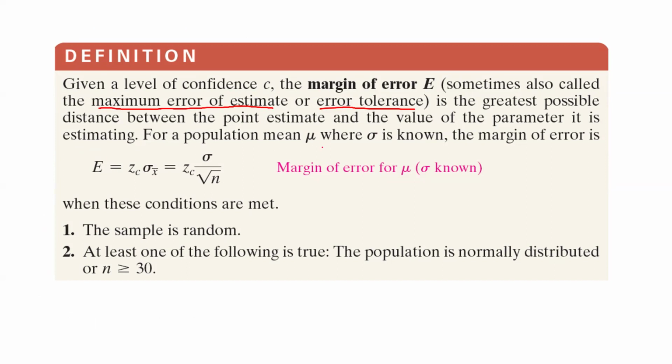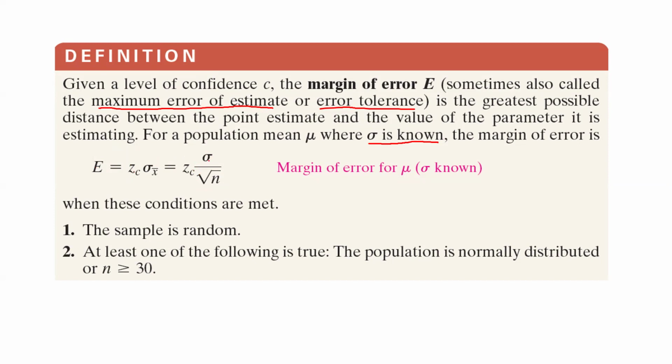For population mean mu, when sigma is given to you, the margin of error follows this nice formula. E is equal to ZC, the critical value, times the error. The error is sigma divided by the square root of n. So the margin of error is E equals ZC times sigma over square root of n.